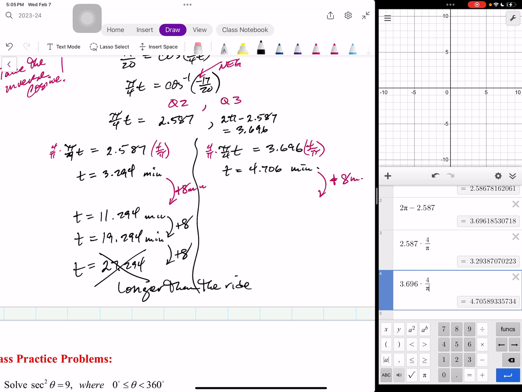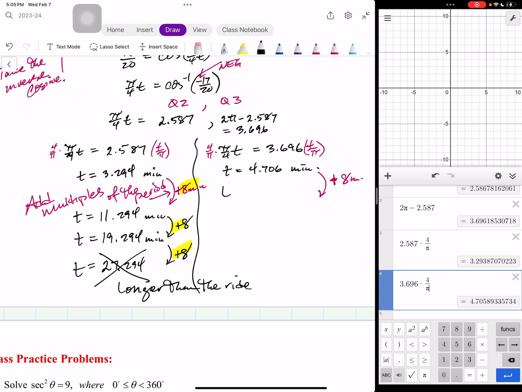Again, you add multiples of the period, which, as I said, is 8 minutes. That's what I was doing here: plus 8, plus 8, plus 8. It's periodic, my friends, and that's how you get multiple solutions.